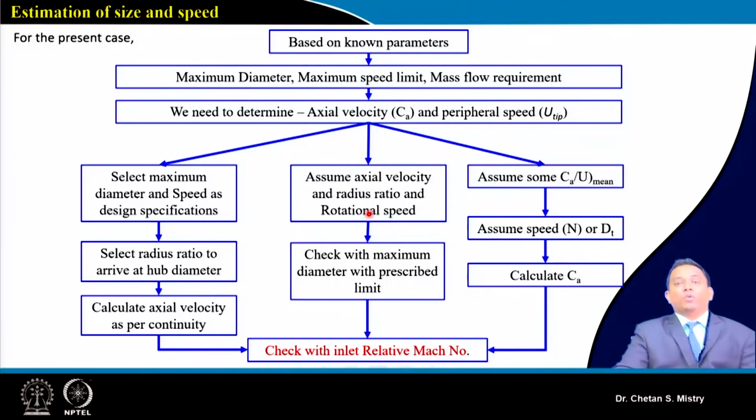Suppose you are doing design for a high bypass ratio fan, you can assume this rotational speed to be in the range of 3000 rpm or 3500 rpm, as we are discussing commercial aircraft. Suppose it's a military aircraft, this will be in the range of maybe 7000 to 12000 rpm. So you just select those numbers.